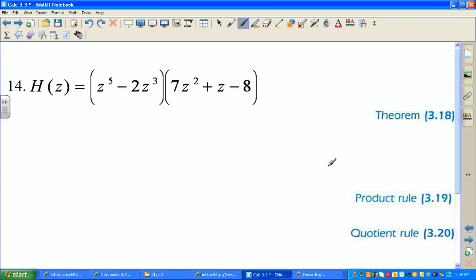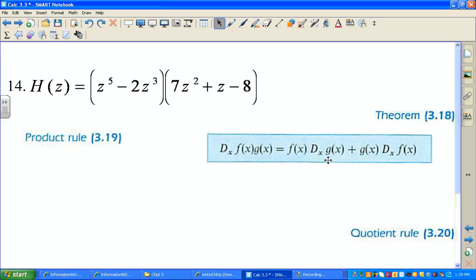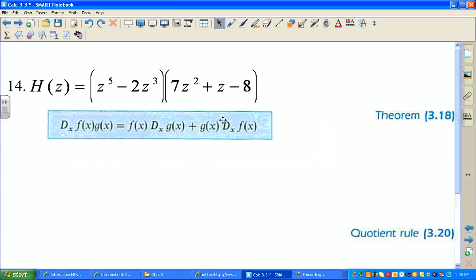On this one, I'm going to use the product rule. This is F and this is G for my notation. You should write the one that you use. I am.